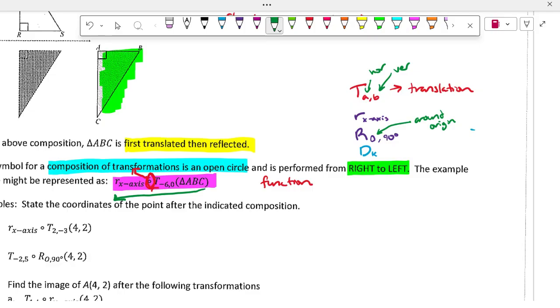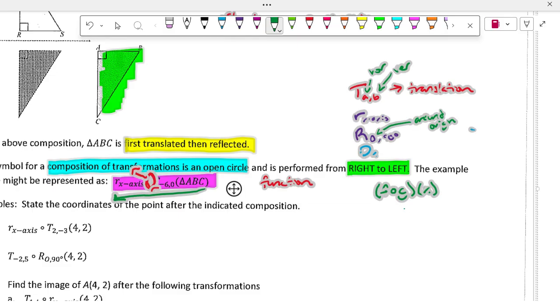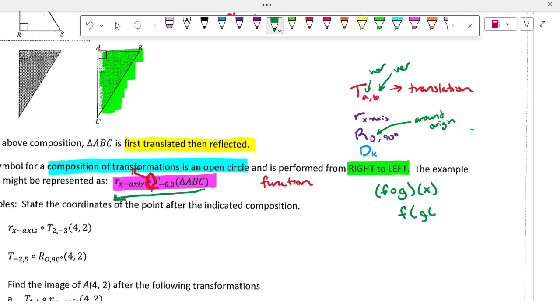The reason you read from right to left is because of functions. For example, and again, this is math 3, but at some point in your math career, you will see this, and it is the same thing as doing f of g of x. So if you were doing an evaluation, like let's say x was 1, you would evaluate your function g when x is equal to 1.